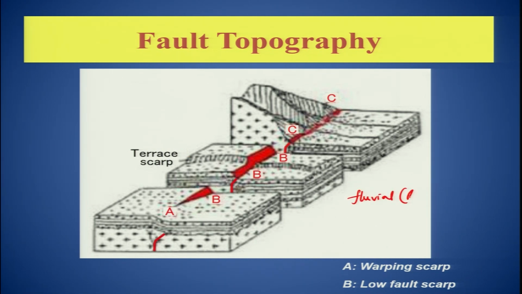Fluvial, we are talking about the river deposits mainly, and the landforms which are sculptured, eroded or deposited by fluvial activities, or river activities. And then we will have the alluvial fan surfaces.